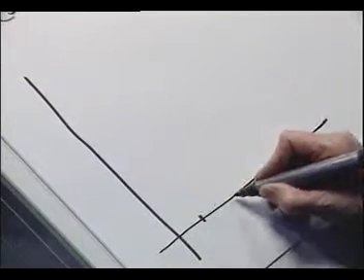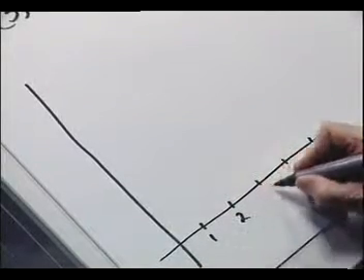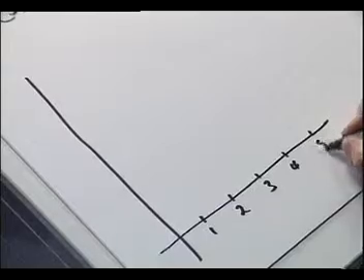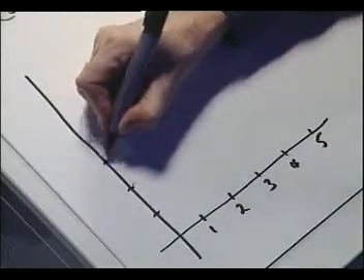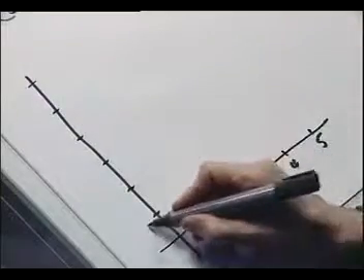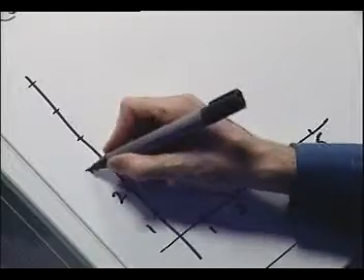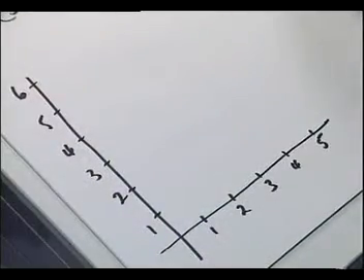First of all, we'll mark off on the axes roughly equal spaces. And the same markings on the y-axis, again, roughly equal spaces. And now we'll plot the points.